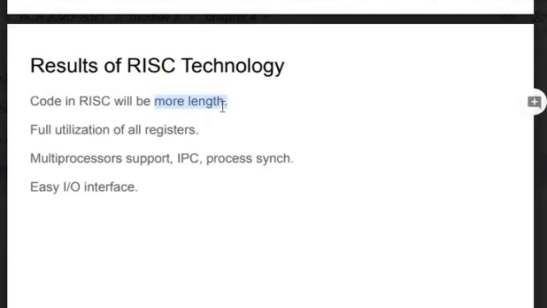But the operation that is very fast in execution is plus. Between plus and star, plus will execute faster. Even though the length is more, we can be sure the answer will be correct, and we get the answer faster in execution. That is one idea, that is a result of RISC technology. Second, full utilization of all registers. It is one theoretical point they mention. Most of the time we have already used it.